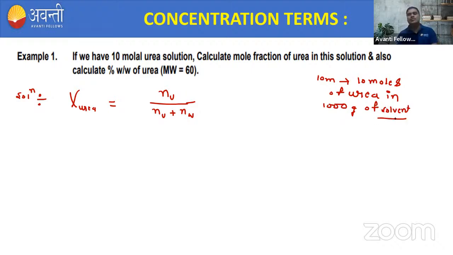So this is the 10 moles of urea in 1000 gram of the solvent. Always remember this. So here the number of moles of urea is very clear, that is equal to 10 moles.